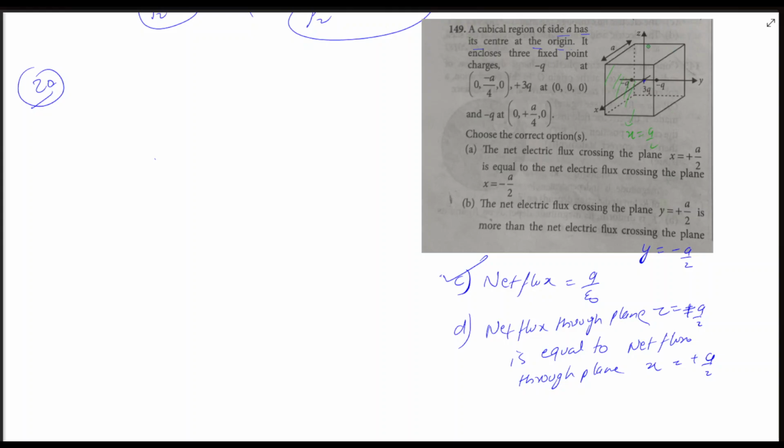The plane above is z equals plus a by 2, and the plane downward is z equals minus a by 2.